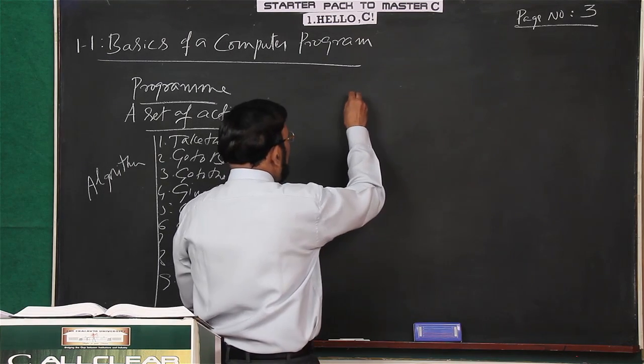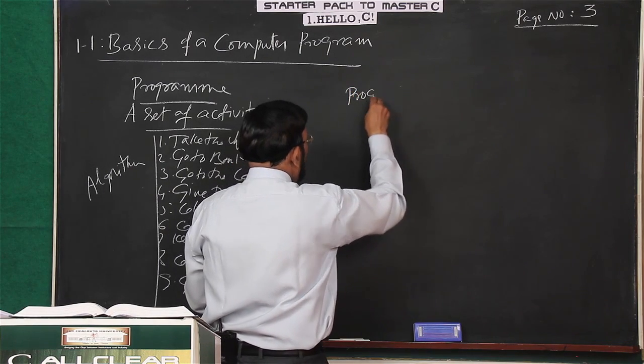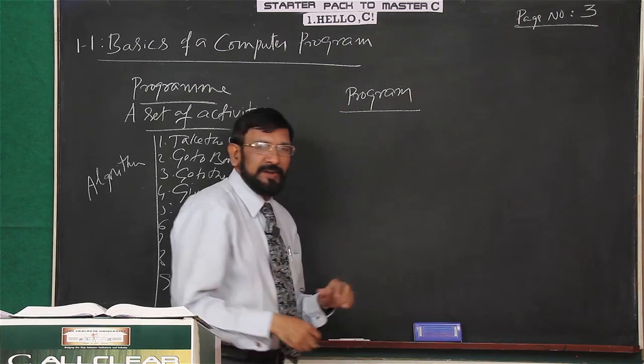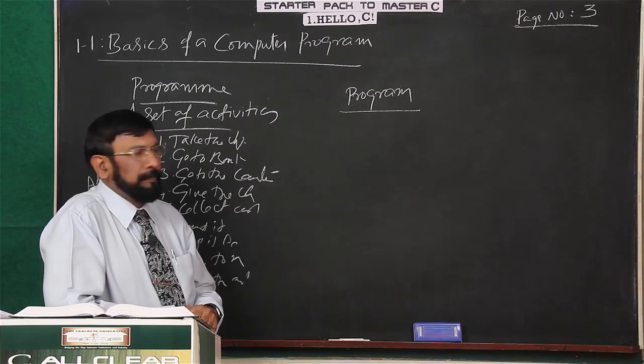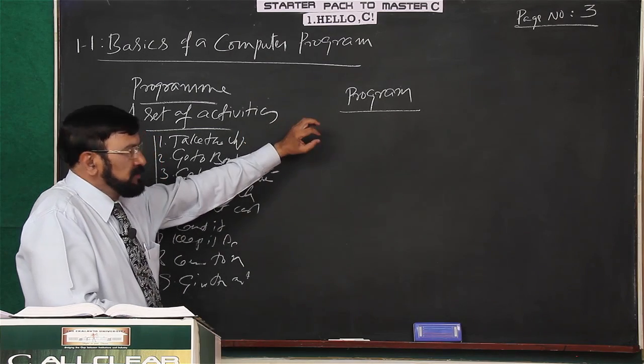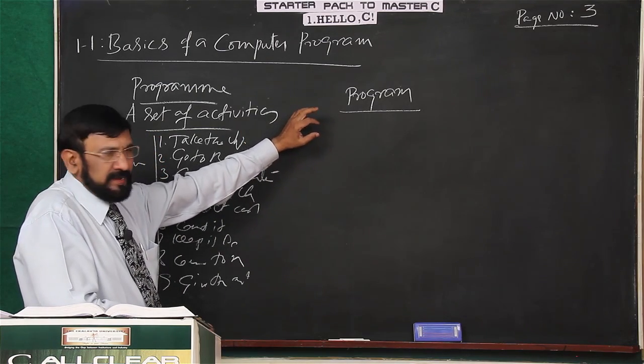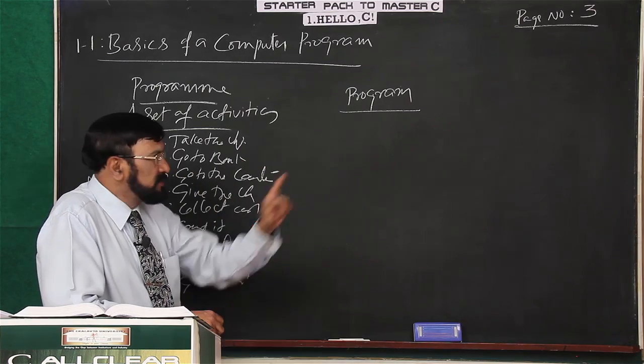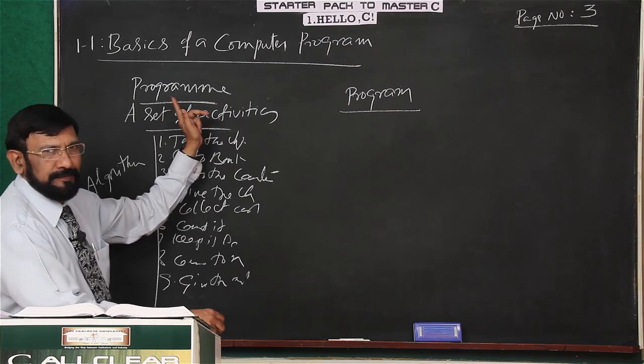You know, there is a similar word with the same pronunciation and a small spelling difference. Program. This is with reference to computers. This word was created, just understand that. In original English, this word was not there. This was there.